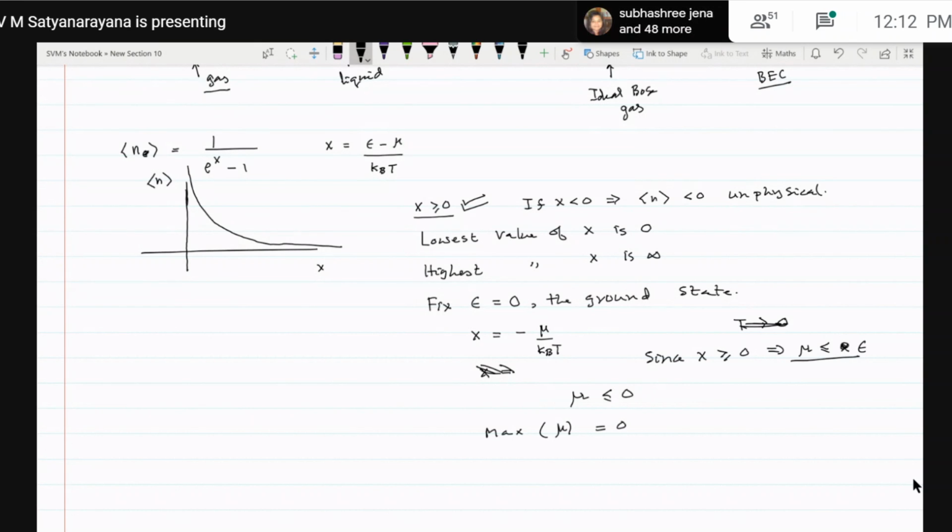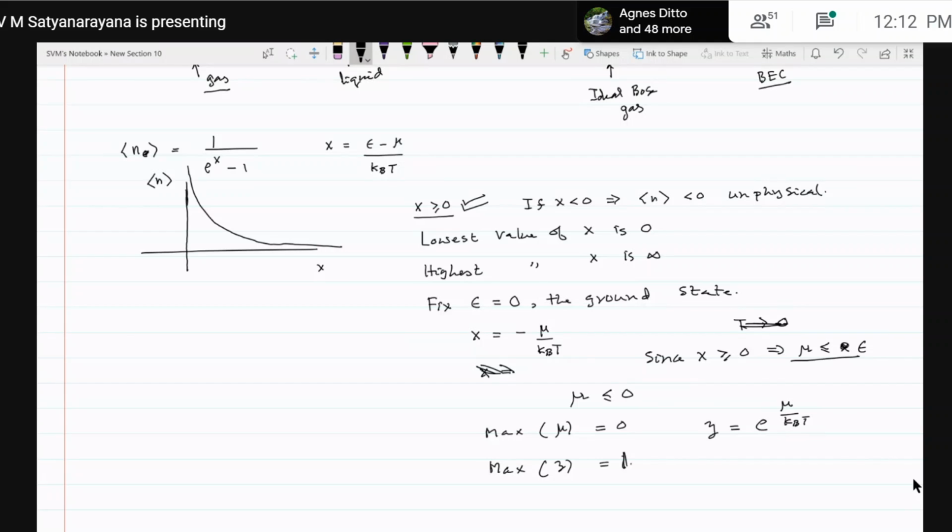And what is our z? Our z is equal to e to the power mu by kT. Okay, so you have a situation where the maximum value of z is equal to 1, because mu is 0.